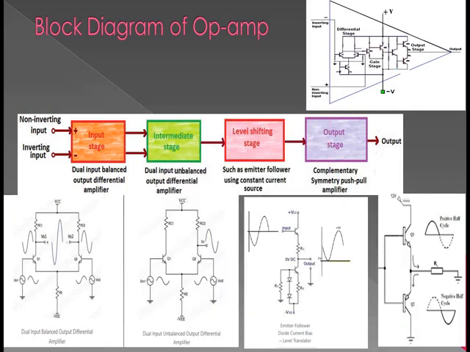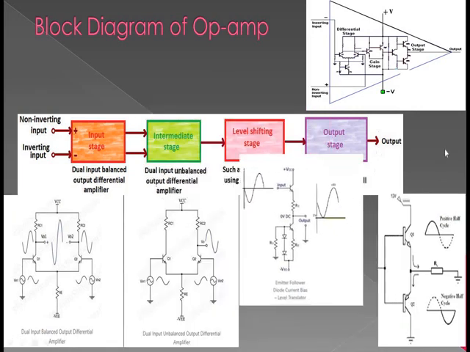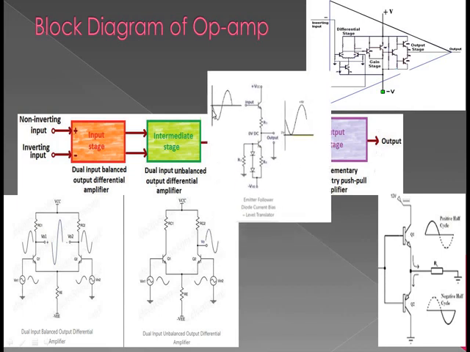Third stage is level shifting stage. After the amplification, the level of the signal is shifted from 0. Then level shifter shifts the level of the signal to 0.